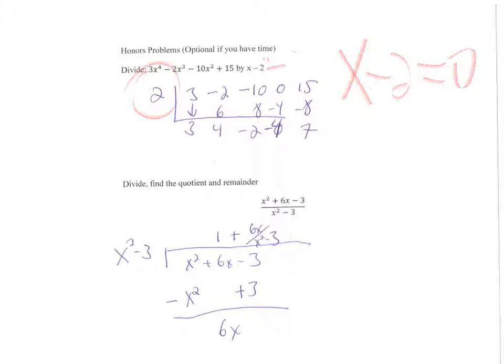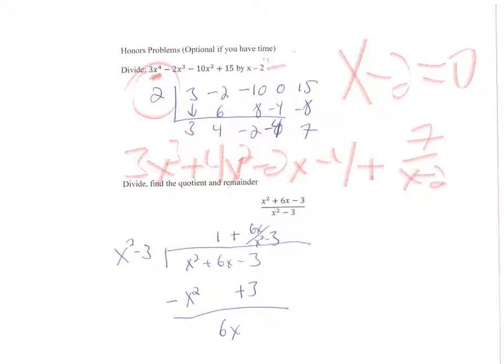It doesn't say anything about finding the quotient and the remainder, so I left it in this form. If I wanted to do that, I could write 3x to the third, remember it's 1 degree less than we start with, plus 4x squared minus 2x minus 4, with a remainder of 7 over x minus 2.